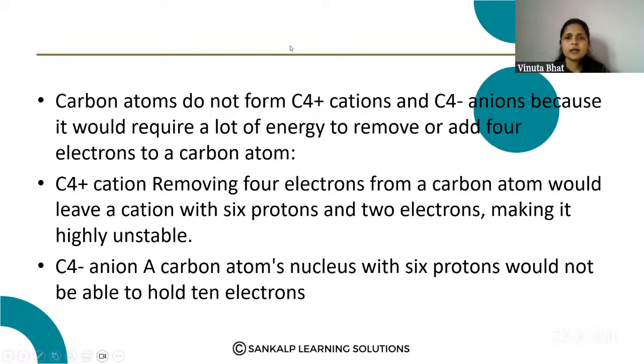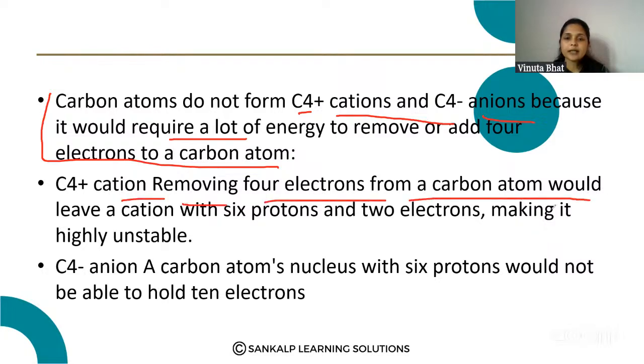Here, carbon atom does not form the C4+ cations and C4- anions because it would require a lot of energy to remove or add 4 electrons to the carbon atom. This is the first reason. For the C4+ cation, removing 4 electrons from the carbon atom would leave a cation with 6 protons and 2 electrons, making it highly unstable.